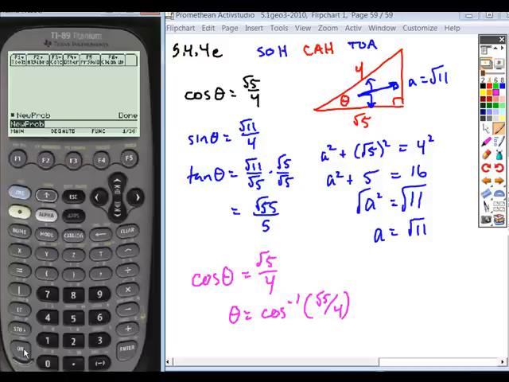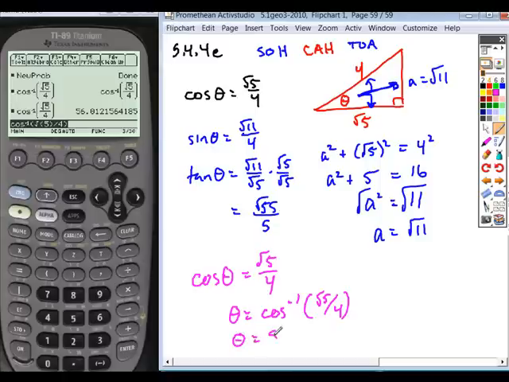So if we were using our calculators to find the inverse cosine of the ratio square root of 5 divided by 4. Now, when I set this up and solve, in exact answer, it doesn't give me any new information. It just repeats what I have. So you may need to put it in decimal form. So your angle measure is approximately 56 degrees.